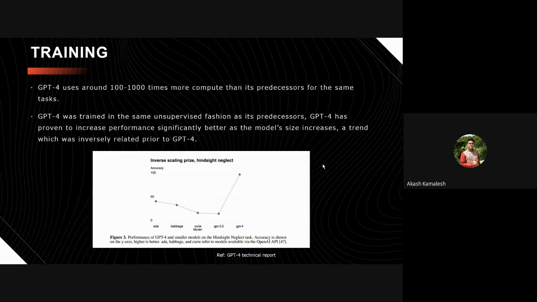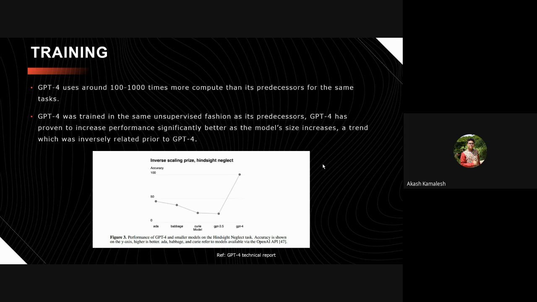So training again, there wasn't much information about how they trained it. These are all estimations from the research community. GPT-4 uses around 100 to 1,000 times more compute than its predecessors. If you saw the previous loss function graph I showed you, GPT-4 in terms of fractions used one whole compute unit, but the other models used like 0.01 or 100 micro units of it.